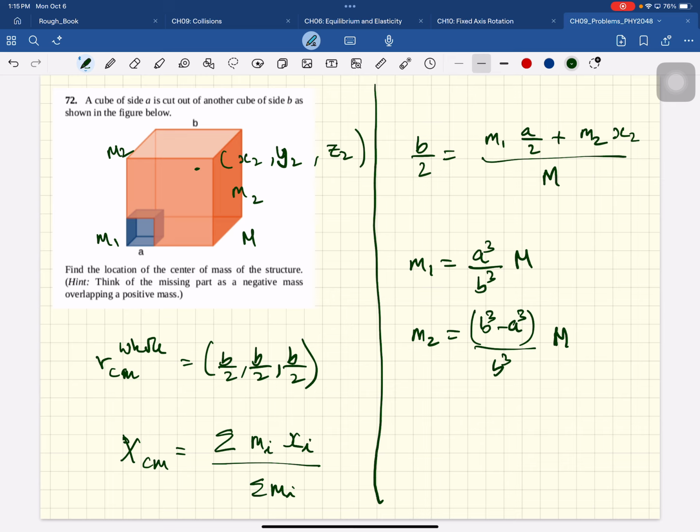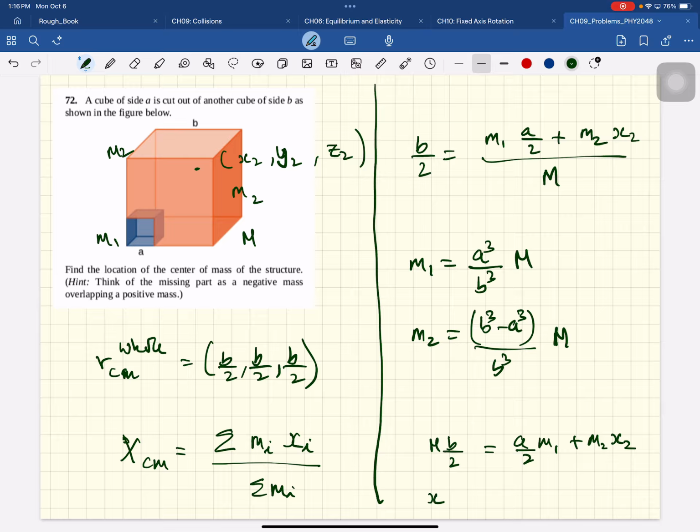Now that we have that, let's solve for X2. M times B by 2 equals A by 2 times M1 plus M2 times X2.